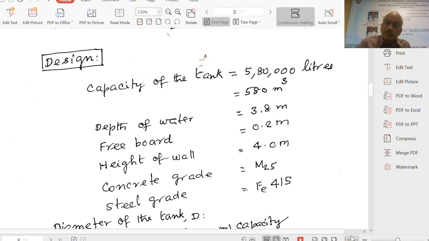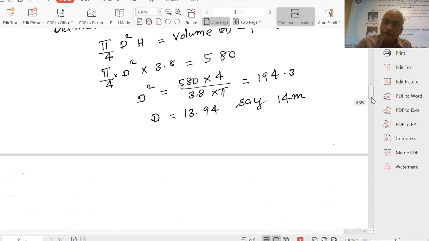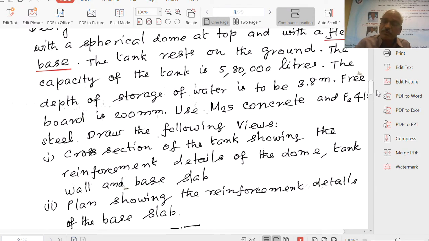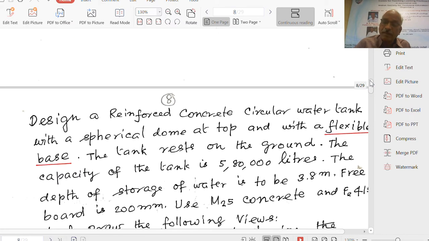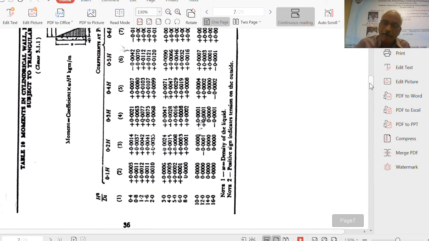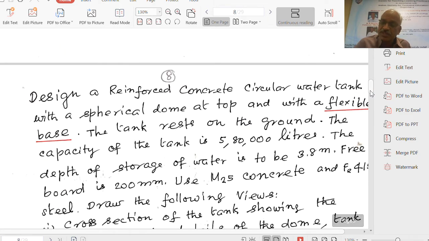Right. Now we will start with the example. We will start with the numerical example. And parallelly we will learn. So the operation of this takes a lot of time.